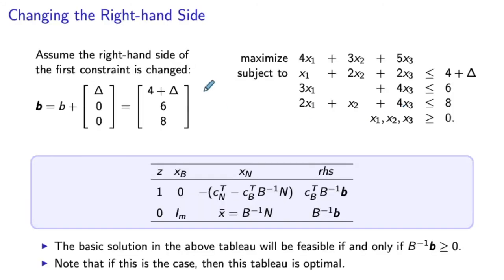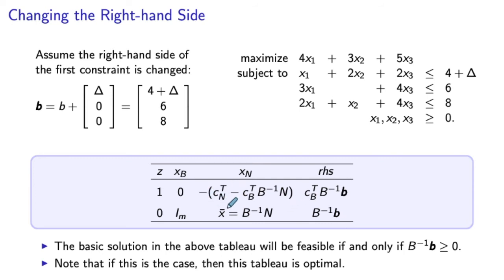And things get different when we change the right hand side of a constraint. Because in this case you can actually violate the feasibility, and to verify whether it is the case, we need to compute B inverse times b. So now we are looking at the feasibility criterion.